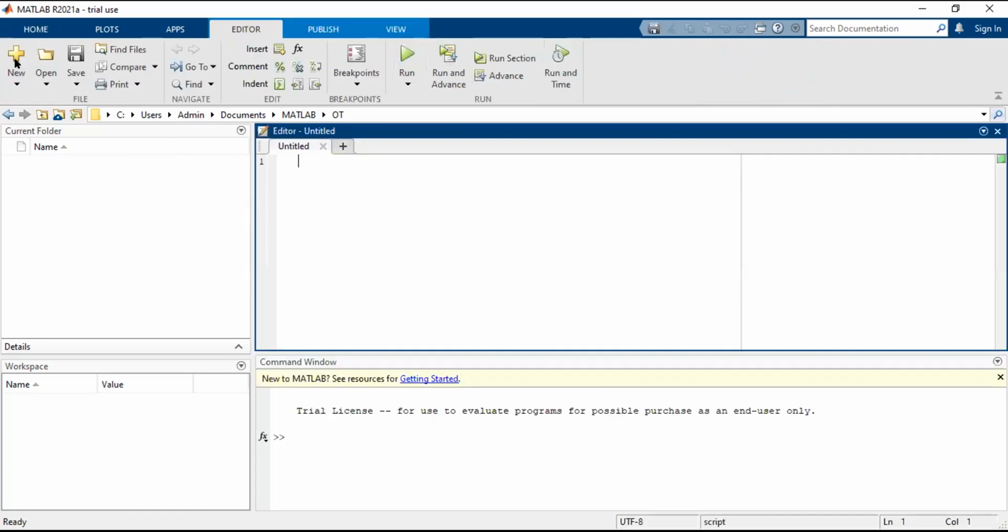You can continue with that lecture 1 script, but I am just creating a new script. Clear? Now I need to use that equation.